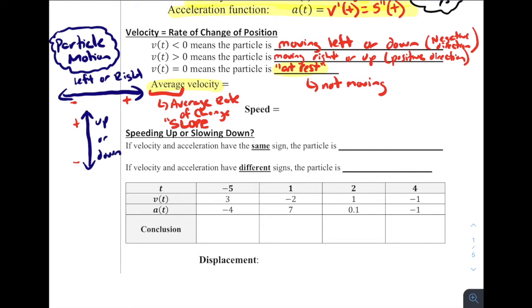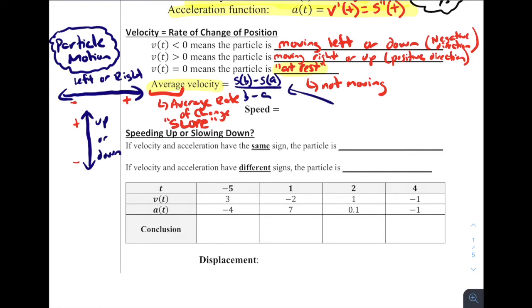So in the context of this problem, the average velocity is going to be the change in position, s of b minus s of a, where the object ended minus where the object started, divided by the change in time, b minus a.